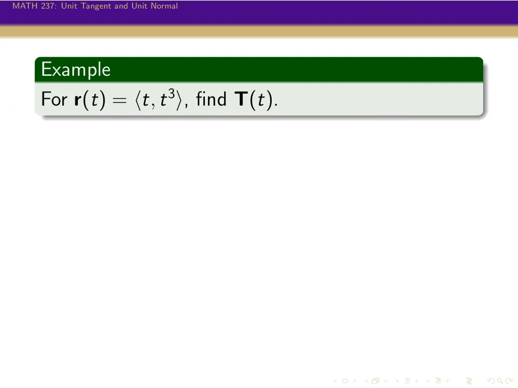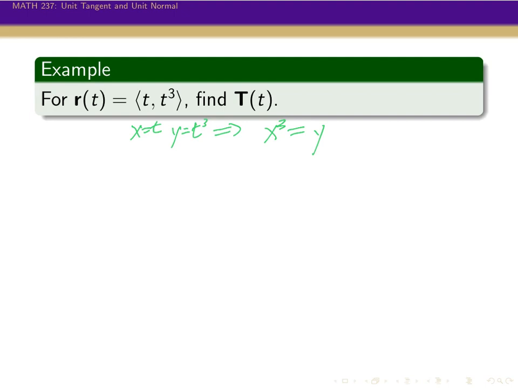Okay, so let's find this unit tangent vector. We're starting off with this example in R2. Our x component is t, our y component is t cubed. What's the curve we're really drawing out? Well, if I cube x, I get y, so this is really drawing out a basic cubic.